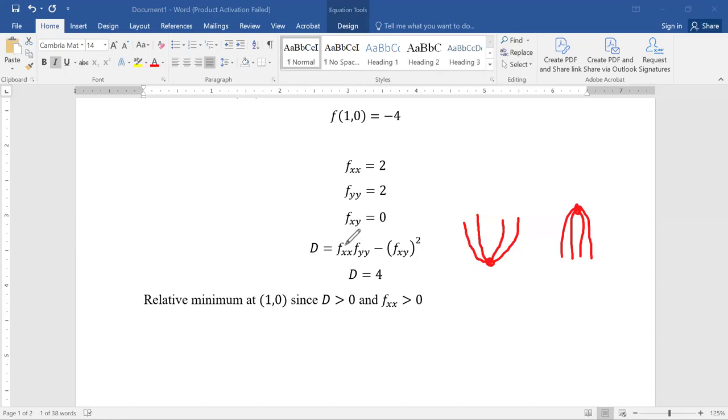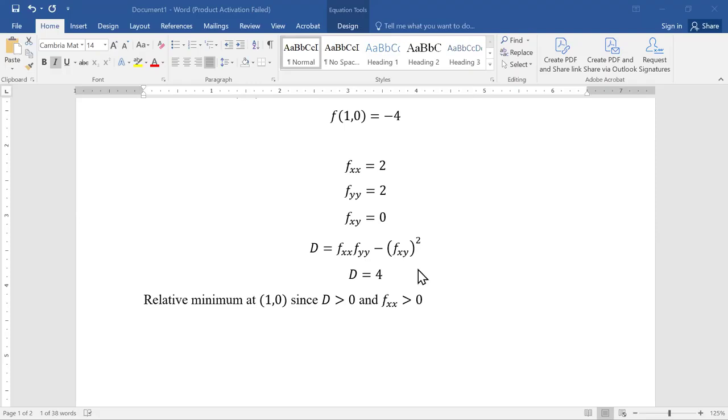And if one of these is negative and one is positive, then you get concave down in one direction and concave up in the other direction. And that's where you get your saddle point scenario. So that's kind of what's going on. Again, my drawings right there are not very good, but we can see kind of why this goes on in the graph.